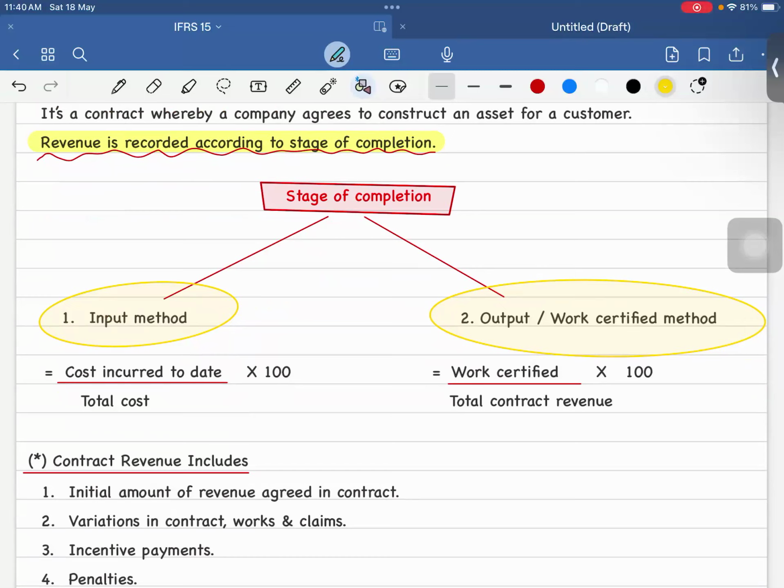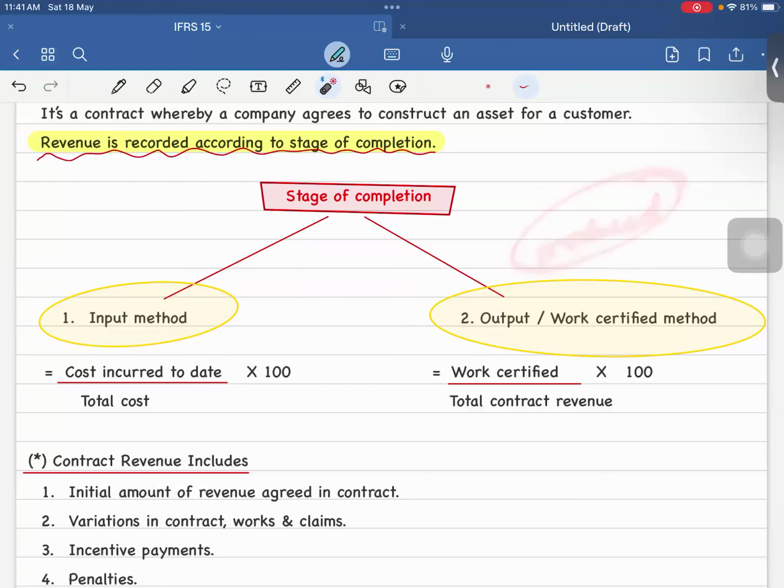Whereas in the output method, you're going to account for whatever is being completed. Here you're going to take things that are used. Here you're going to take things that are produced.